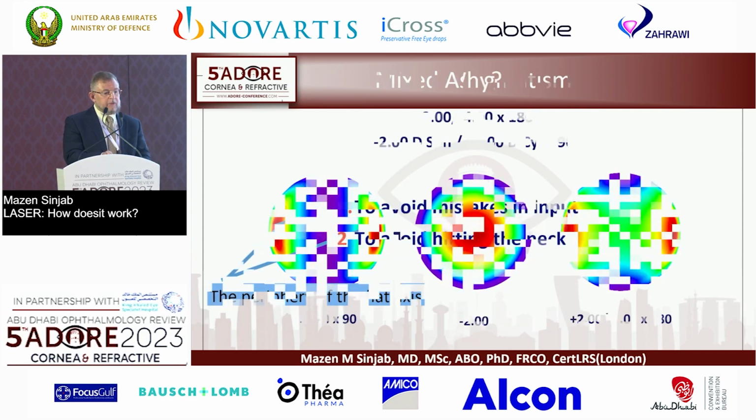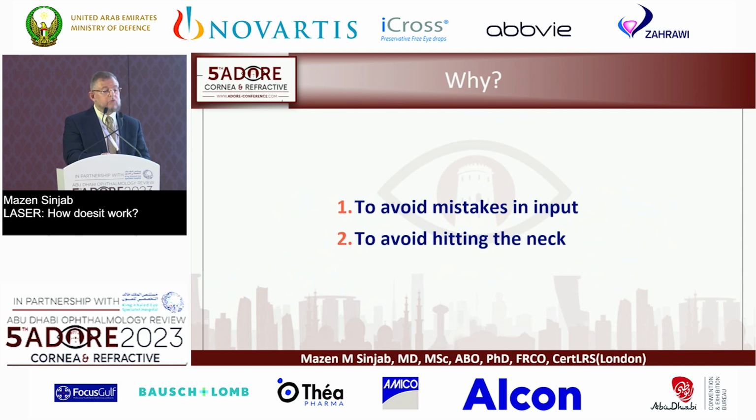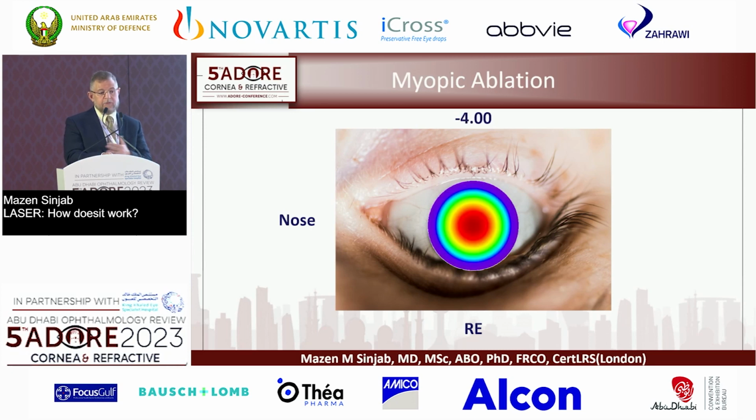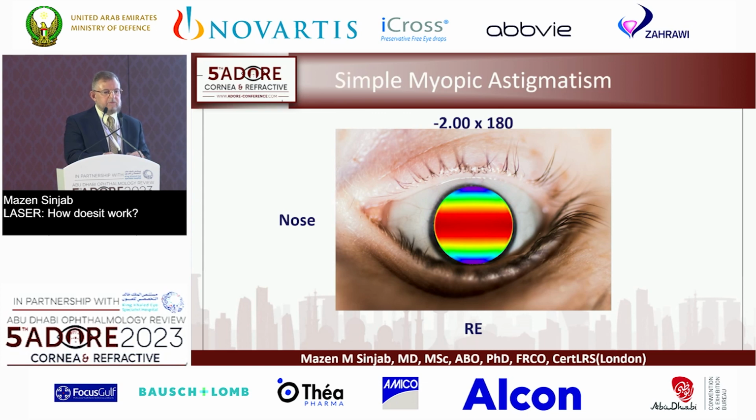Okay, super. So why? To avoid mistakes in input and to avoid hitting the neck. Now, let's imagine the patient under the machine. This is the right eye, nose, and the ear. This is very simple myopic ablation. That's it, nothing special. This is -2 at 180.